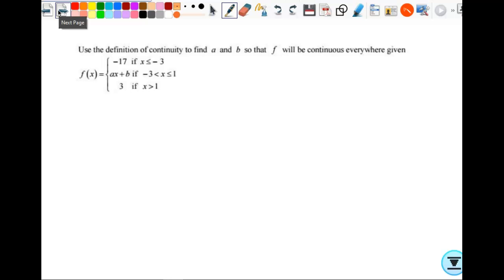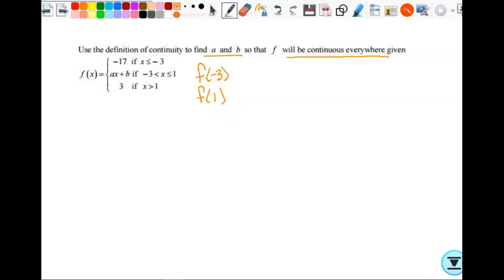Okay, so this time we have to find A and B so that f will be continuous everywhere given. Okay? And we have to check this at where it changes. So it changes at negative 3 and it changes at 1. So that means I need to find f of negative 3 and I need to find f of 1.